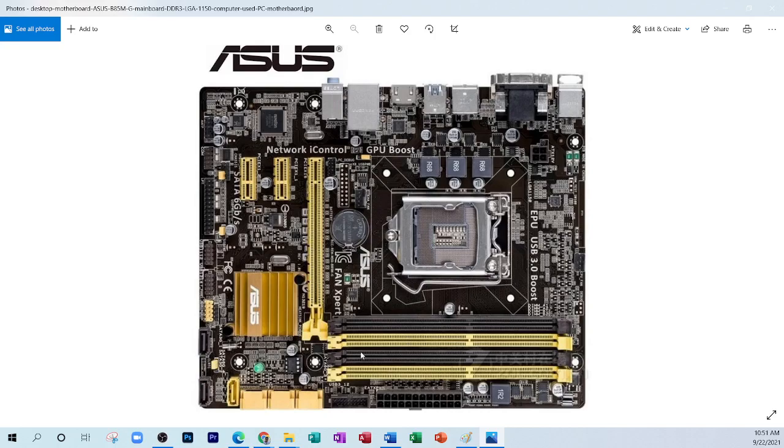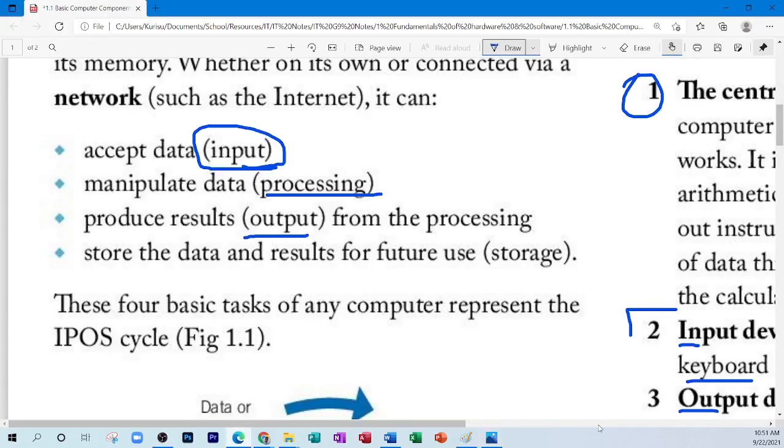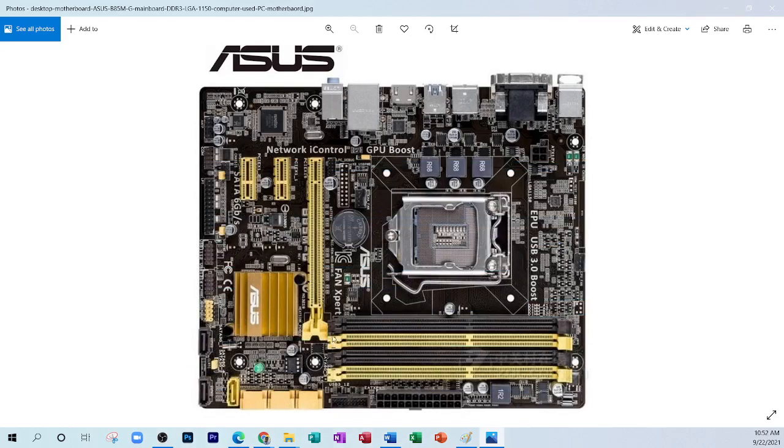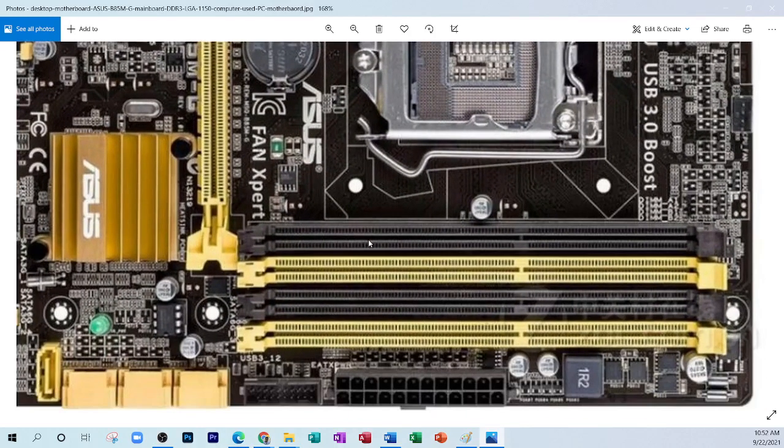Now that memory that we just spoke about, this memory that temporarily stores instructions, is located at the bottom here. Notice this black and yellow area here. That is where the memory will go in your computer.